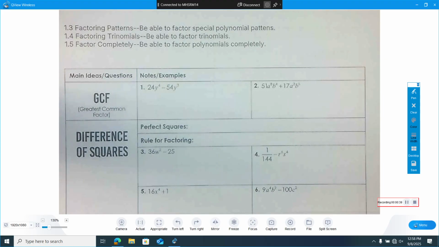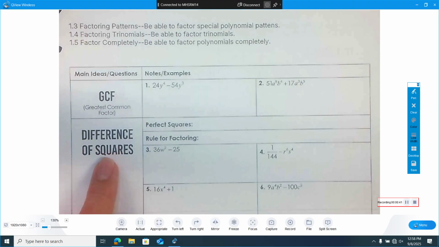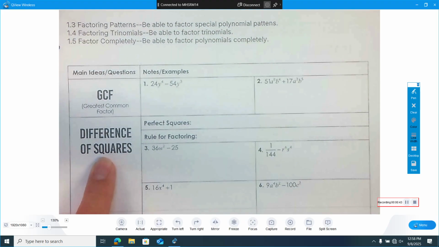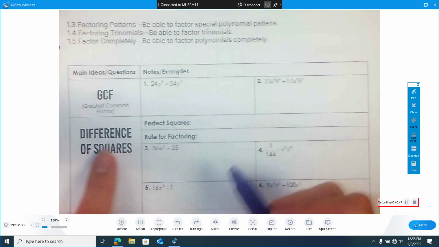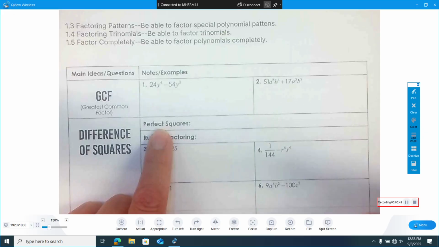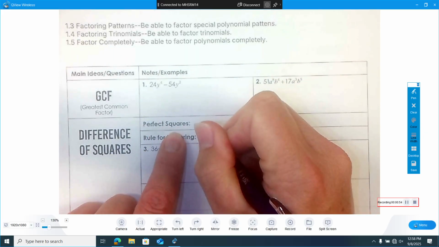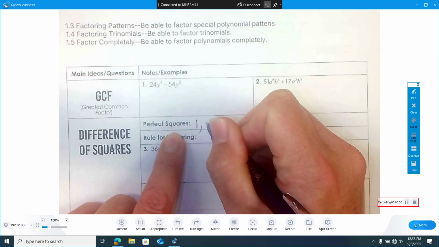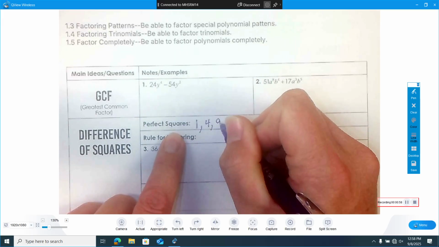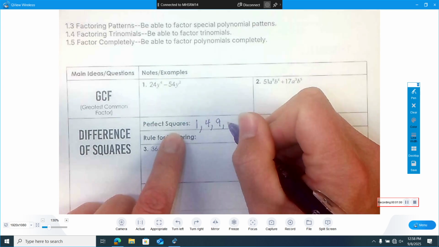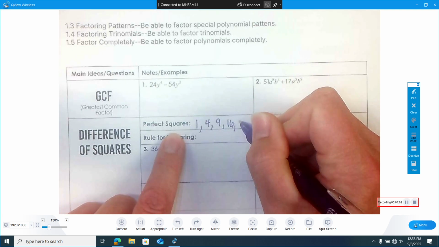Okay, so we're going to start right here with difference of squares. Difference of perfect squares. First of all, what are the perfect squares? One, not two. 1, 4, 9, 16, 25. 5 times 5 is 25.